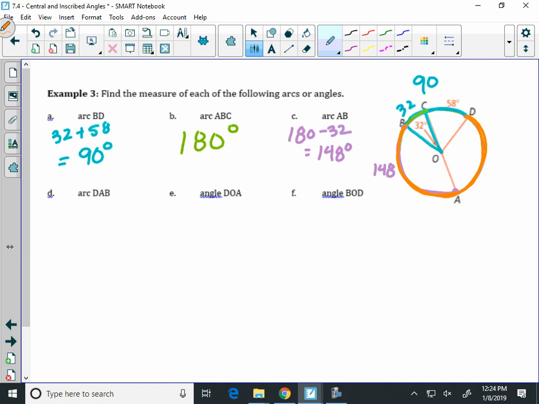Well, what do we know about the measure of this blue arc right here? It's 90. Well, we know the entire circle is 360, but we only know a little piece is 90. What can we do? I'll just do 360 minus 90, and that gives us what? 270. Okay.